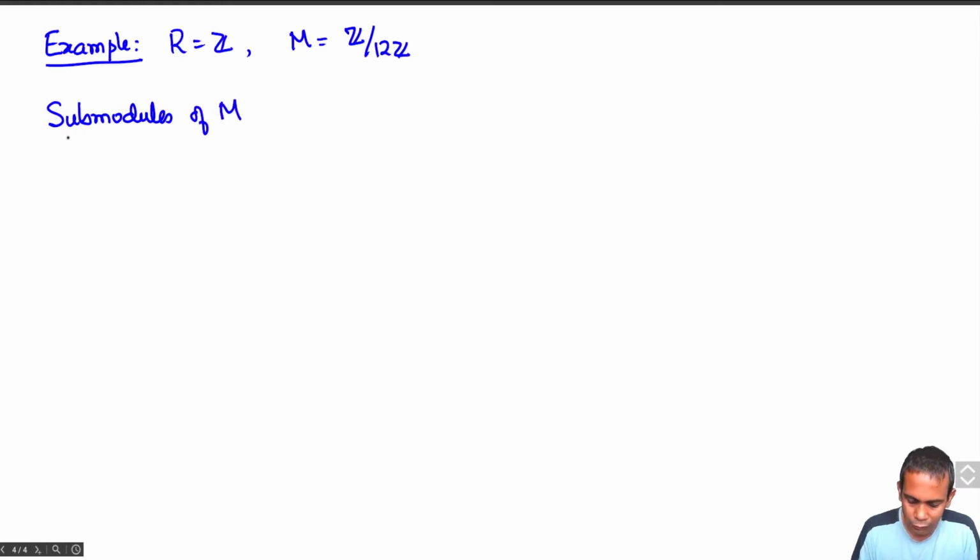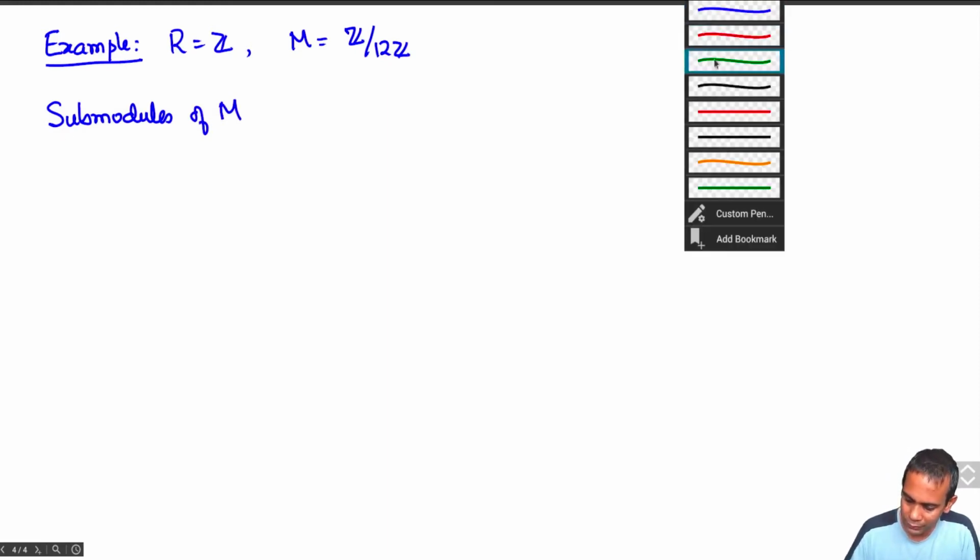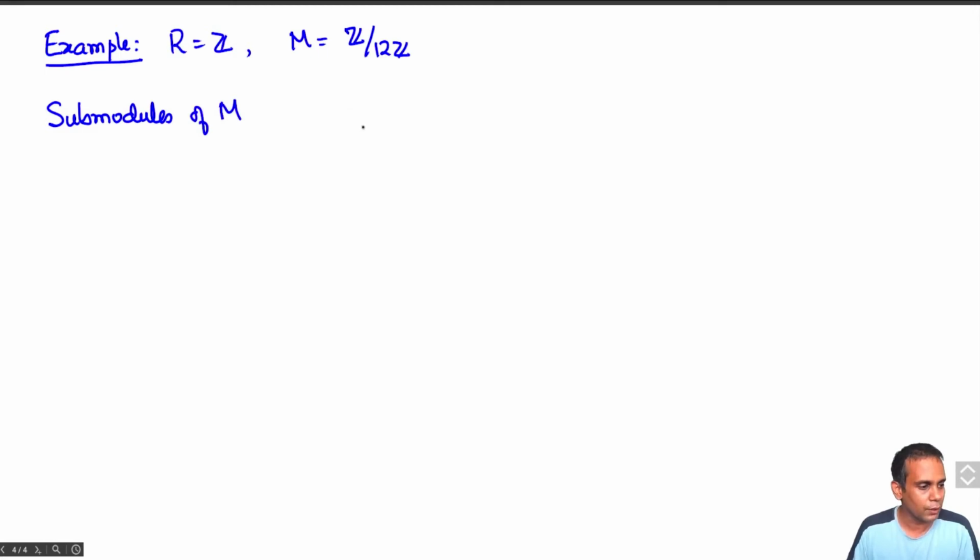I list it somewhat visually so that you can see all the different submodules. So the largest submodule is Z mod 12Z itself. Let me just call it M. And then this contains two submodules, the multiples of 2, which I'll call 2M, and the multiples of 3, which I'll call 3M. It also contains the multiples of 4, which I'll call 4M.